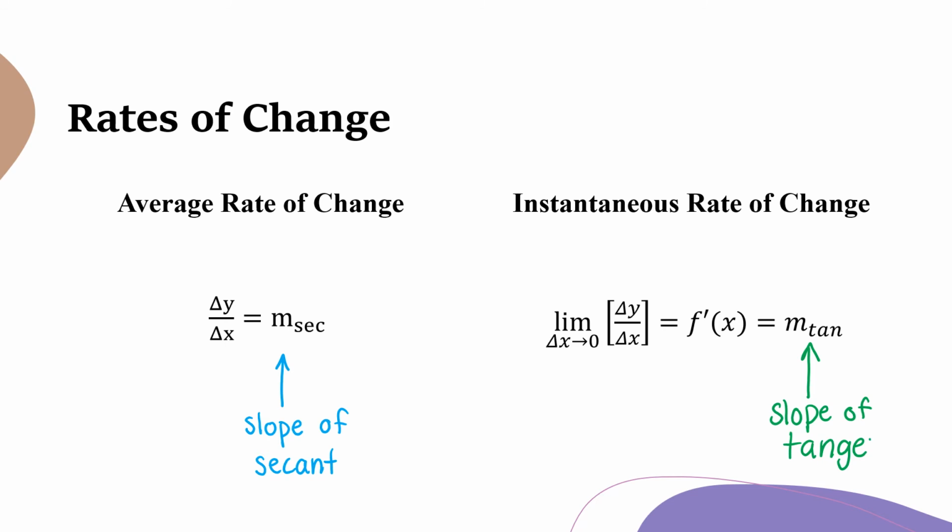We were approximating the slopes of the tangent line, so we were approximating the instantaneous rate of change. Now, we actually know how to find the instantaneous rate of change. It's the derivative of a function, which is defined as that limit of the average rate of change as the change in x approaches 0.